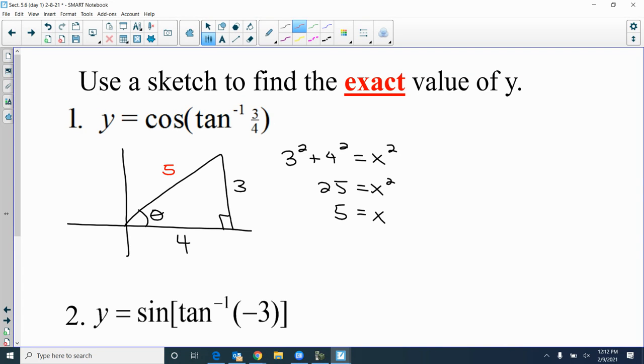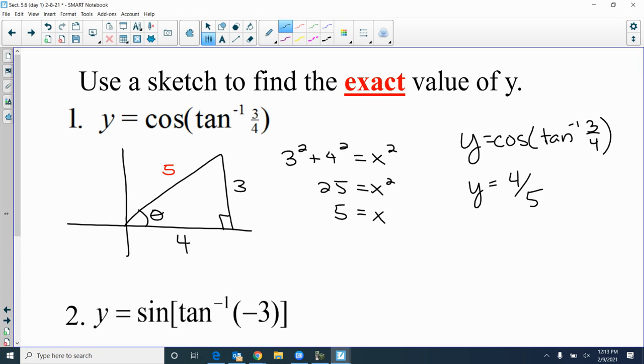So what is the answer? y equals the cosine of the inverse tangent of 3/4. In the end, my answer is adjacent over hypotenuse. It is 4/5.